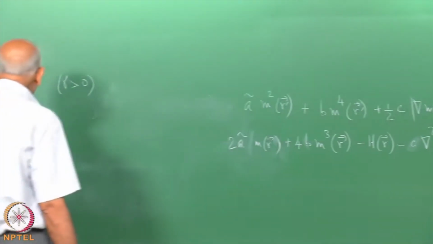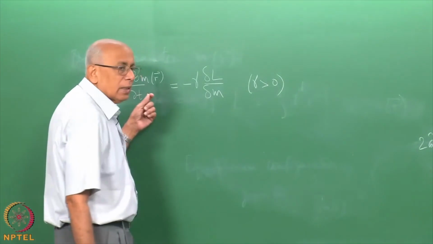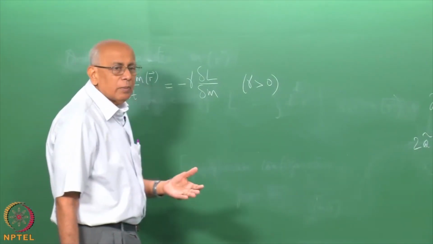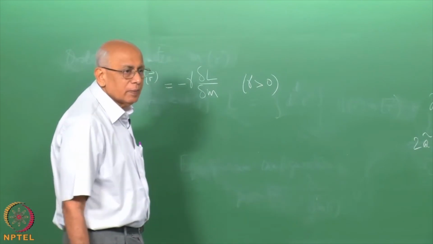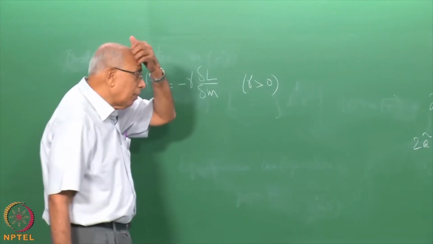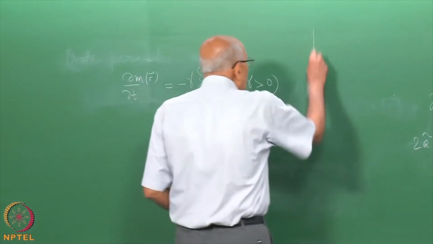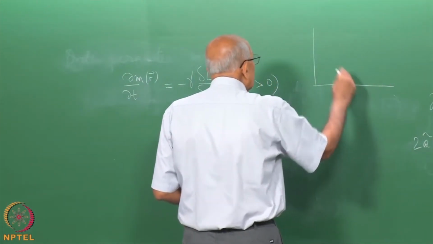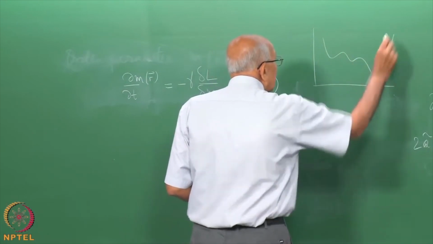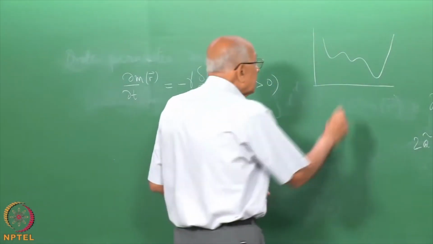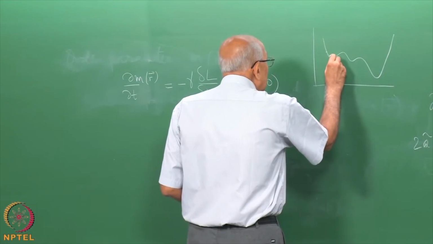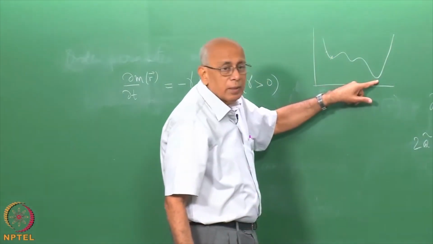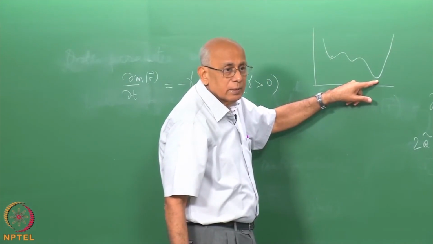If you give me a model of this kind with some initial condition, there is no guarantee that it does not tend to a local minimum and stick there. If you plot this M as a function of configuration variable, it might have this kind of behavior, and if you start here you might relax simply to this point, whereas you really have a thermodynamic equilibrium state over there.